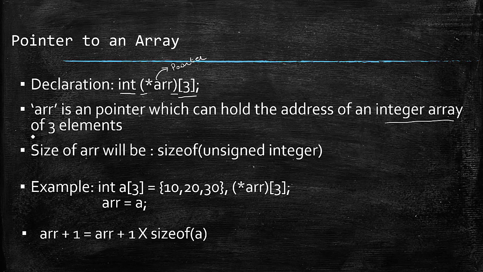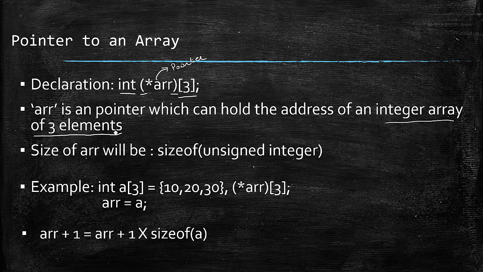So in total we will say ARR is a pointer which can hold the address of an integer array of 3 elements. There will be 3 elements in the array of integers, and the pointer ARR can hold the address of that one.